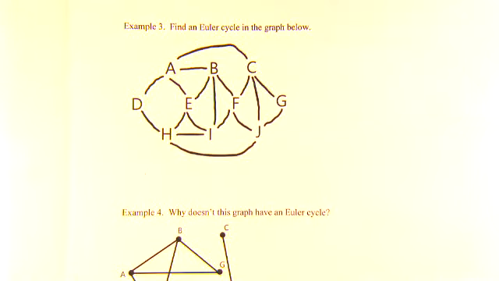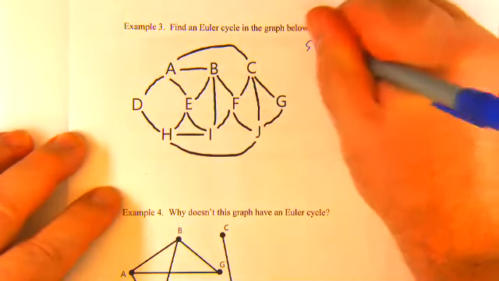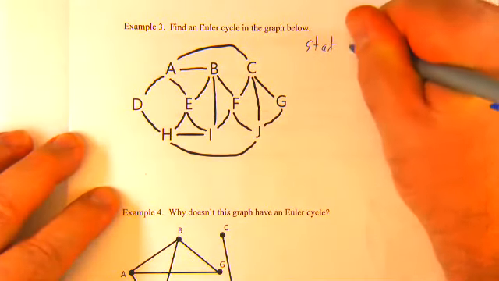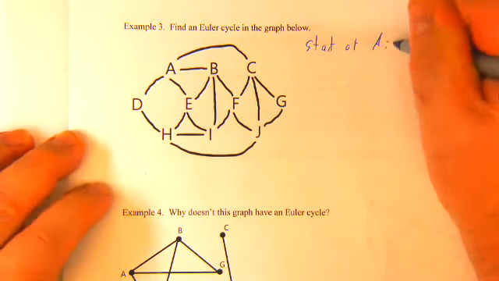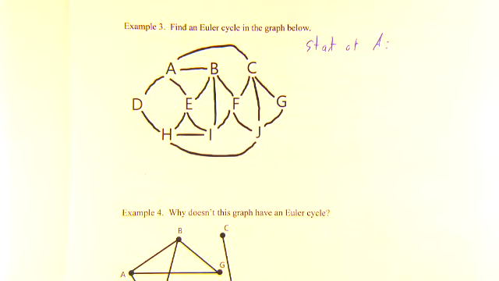So here's one where we can actually find an Euler cycle. It doesn't matter where you choose to start. If there's an Euler cycle, you should be able to get to every vertex because you're going to cover every edge, and you have to start and end at the same place, so you can just pick wherever you want to start.